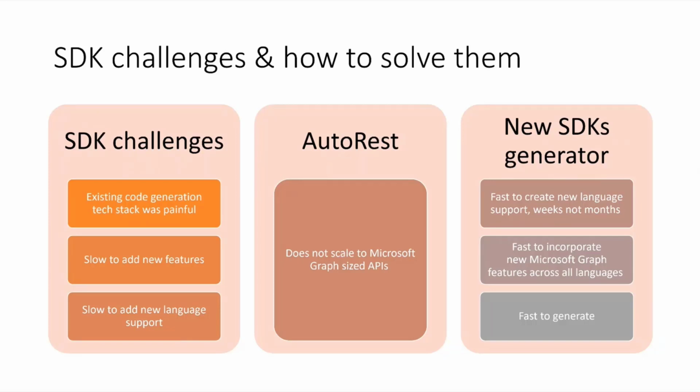We wanted to support new languages within weeks, not waiting for months for that to happen. And we wanted it to be very fast to incorporate new Microsoft Graph features across all our languages. Like we really needed to keep up with all the new features that we have. And we wanted something that is fast to generate an SDK. So that's what we've been working on.